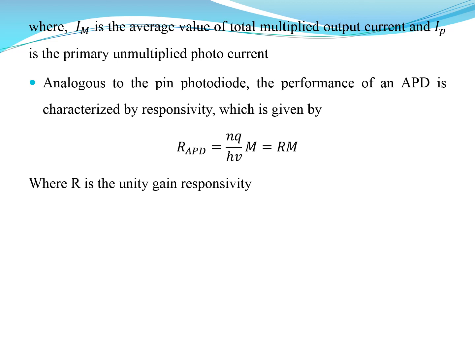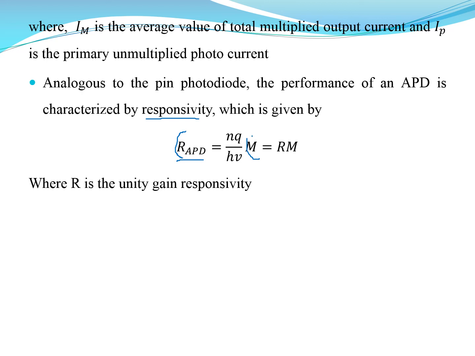Here, analogous to the pin photodiode, the performance of the avalanche photodiode is characterized by responsivity. That is very important, responsivity, which is given by R APD. That is the responsivity of the avalanche photodiode, equal to eta q by h nu into M. Earlier we had just responsivity with respect to eta q by h nu.